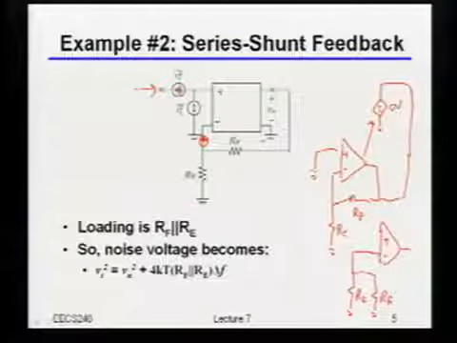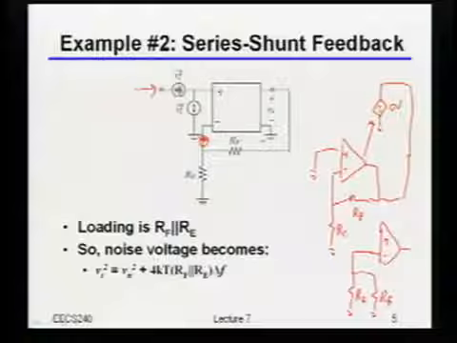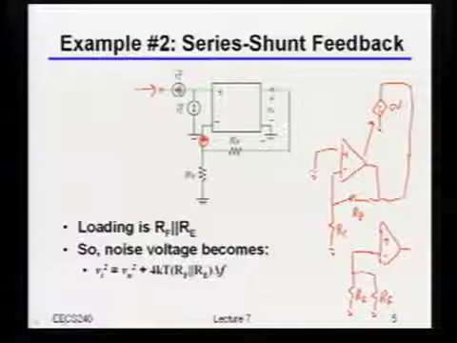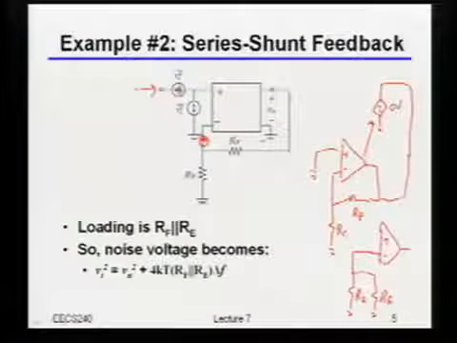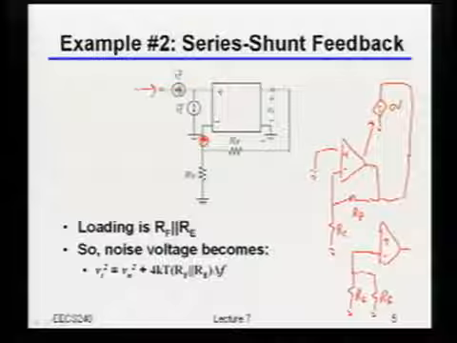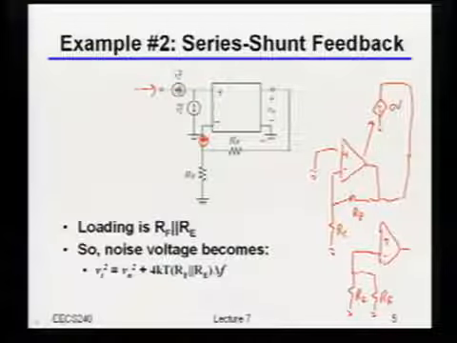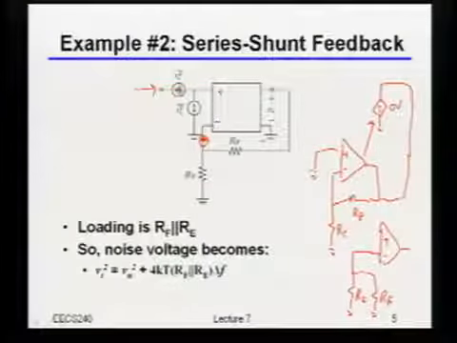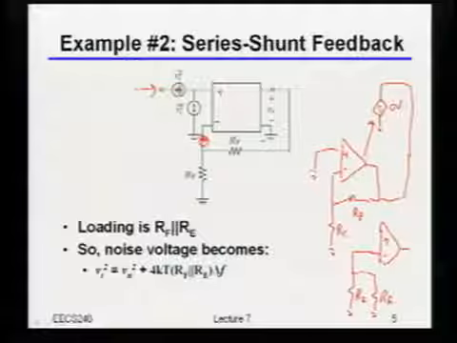So the name of the game is to figure out the right units to use, either voltage or current. That is set by the type of amplifier you're building. Once you know that, you can quickly figure out how much extra noise should be added by this particular feedback network.